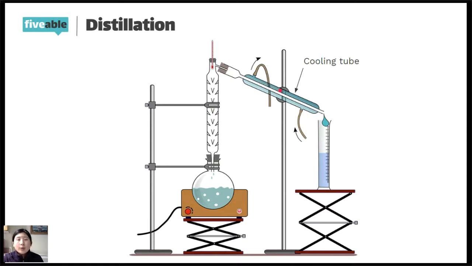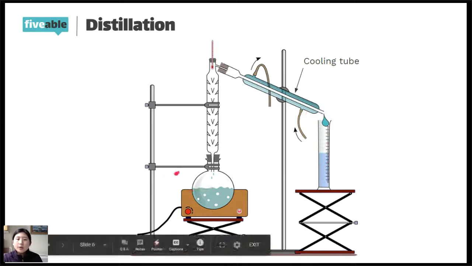Once it starts cooling, it turns from a gas into a liquid, and then it will collect in another container on the side. That way we'll have a pure compound in one, and the other pure compound left in the other container.